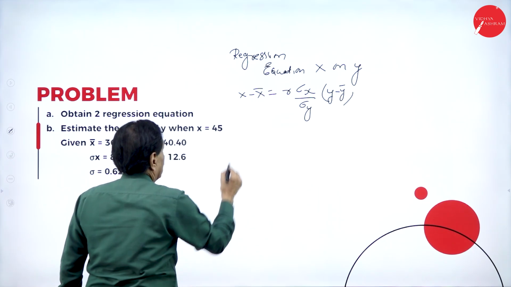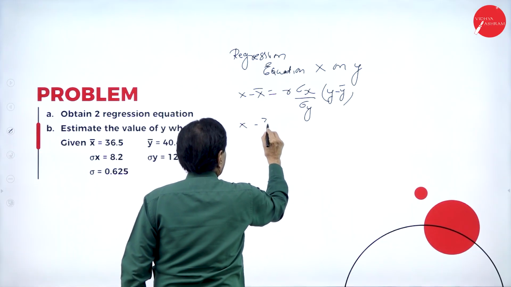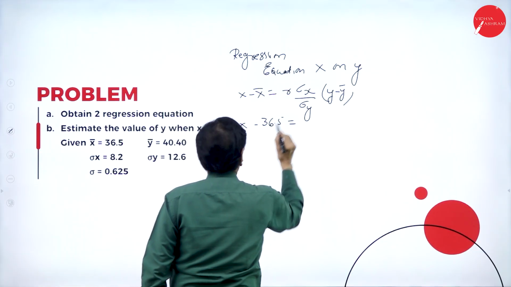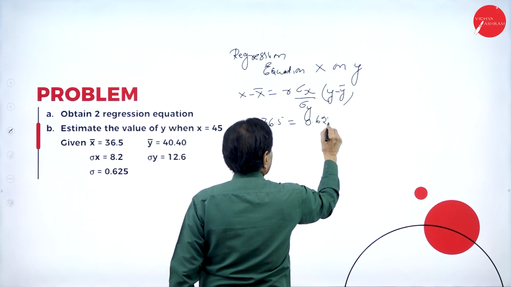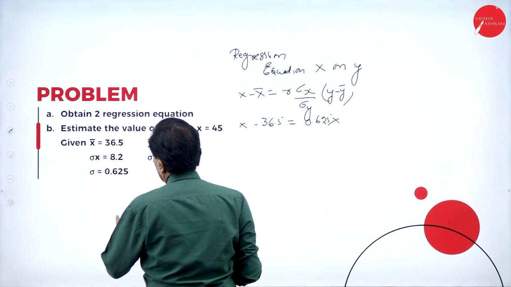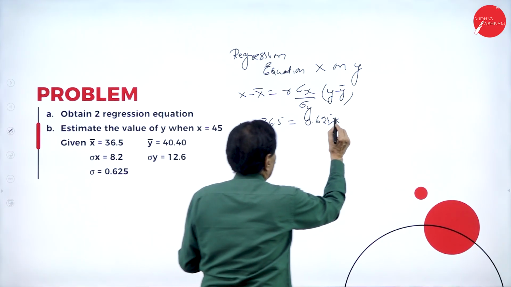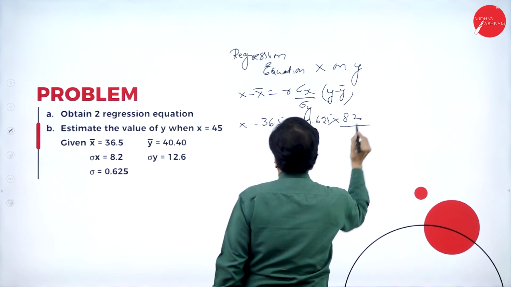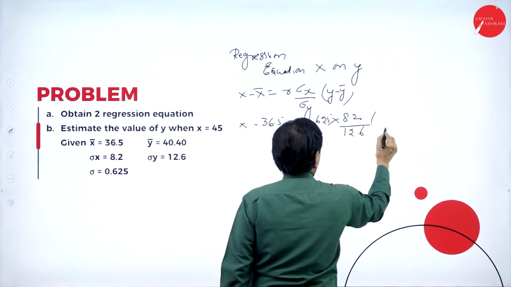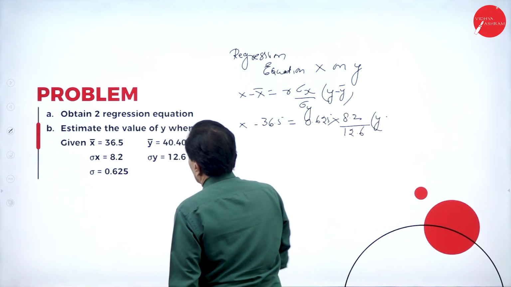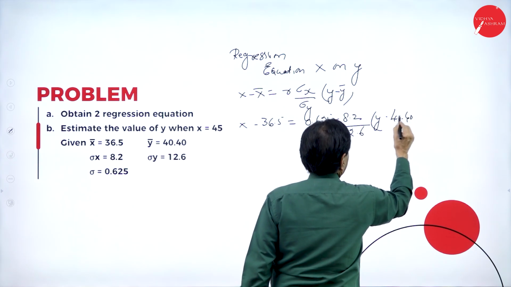Apply the given values. What's your x mean? 36.5. What's your r? 0.625 into standard deviation x, which is 8.2, divided by standard deviation y, which is 12.6, into y minus y mean, which is 40.4.